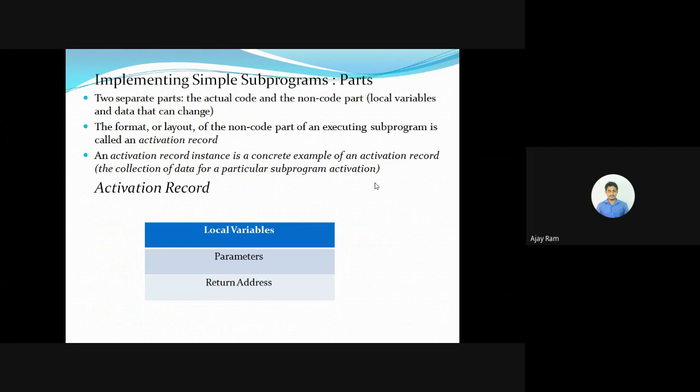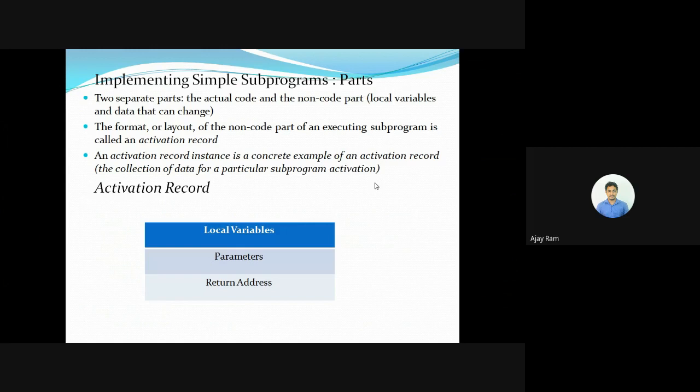An activation record is a format or layout or representation of the non-coded part of the execution of the subprogram. Whenever a subprogram is being executed, an activation record is created automatically.